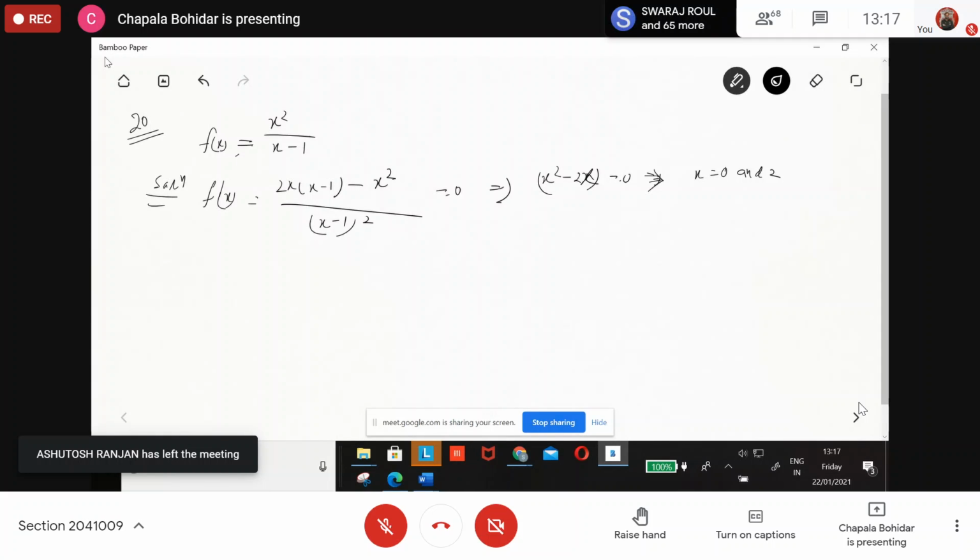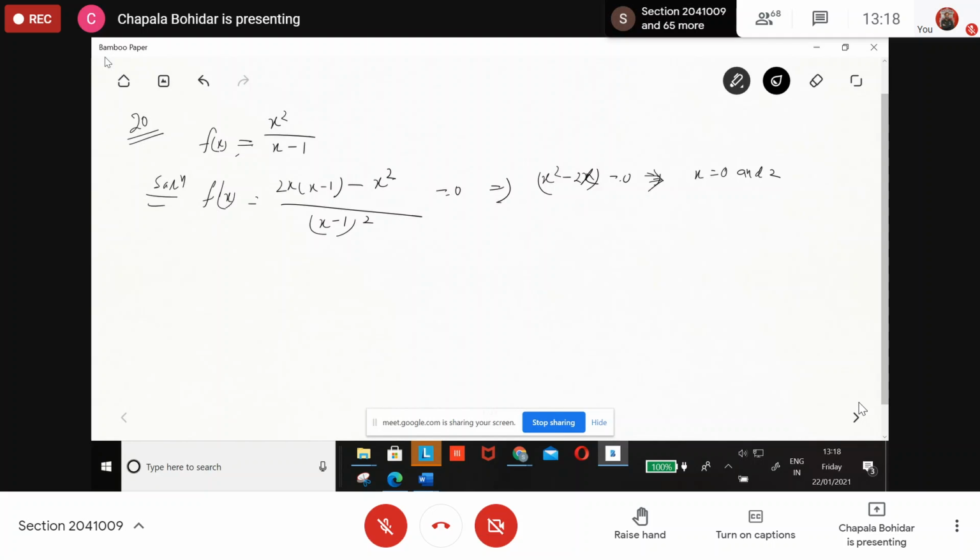Then what is your critical point here? Tell me. Critical point: 0 and 2. Yes, and 1, because the function is not defined at 1.